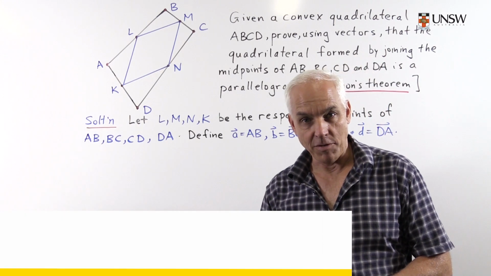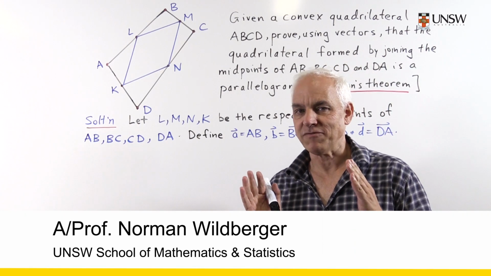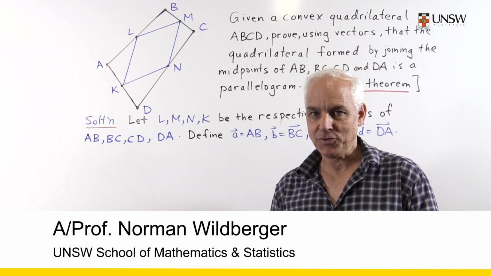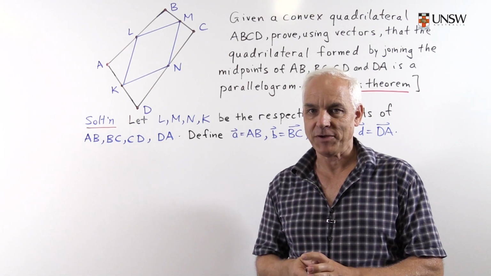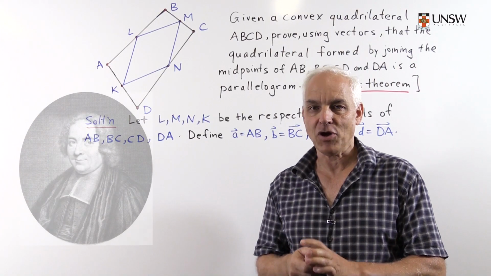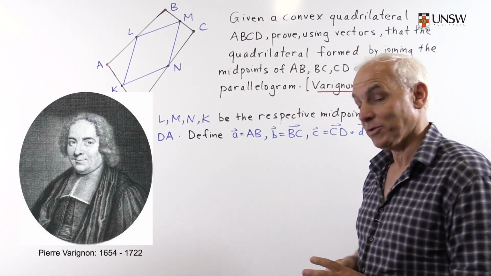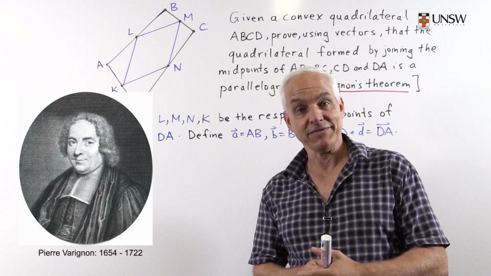In this interesting problem, we're going to look at how to use vector methods to prove a classical theorem of geometry. It's a theorem called Varignon's theorem. Varignon was a French mathematician who lived in the 17th century.